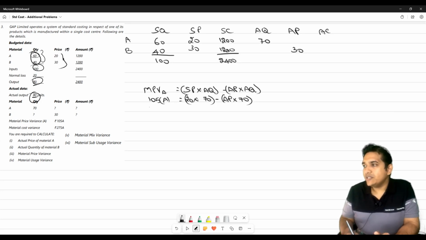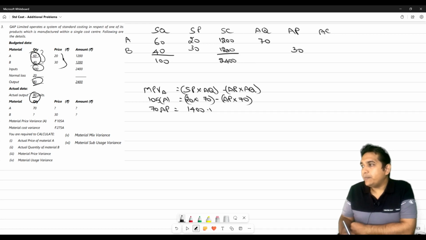Simplifying this equation, we will get 70 actual price is equal to 20 times 70 is 1400 plus 105. So actual price will be equal to 1505 divided by 70.